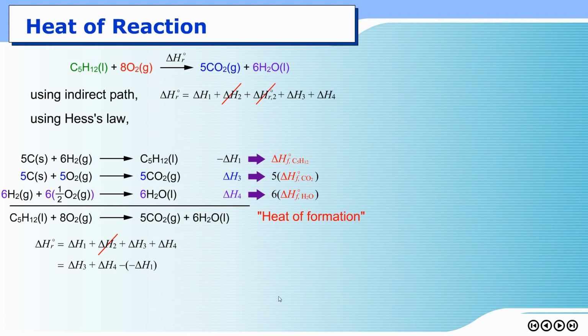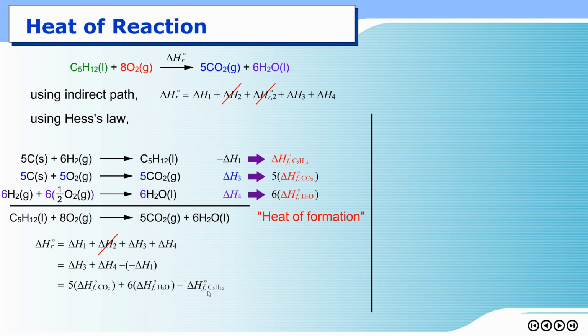The reason we limit the formation reaction to single element reactants is that when you put it like this, single elements can cancel out easily. So I can replace delta H3 by 5 times the heat of formation of carbon dioxide, and so on. For the reactant here, minus delta H1 is basically the heat of formation of pentane.